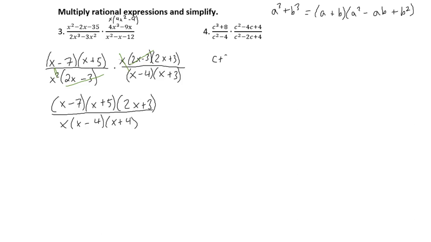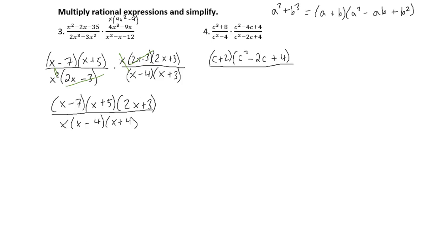So that would be c plus 2, c squared minus 2c plus 4, because that's 2 squared.